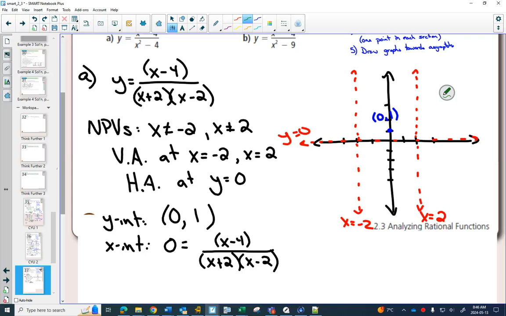So usually we don't show that step and just say, well, I know that if a fraction is equal to 0, my numerator has to be equal to 0. Looking at my numerator, which is just a single factor, the only place that's going to equal 0 is when x is 4. So I know my x-intercept is 4, 0.